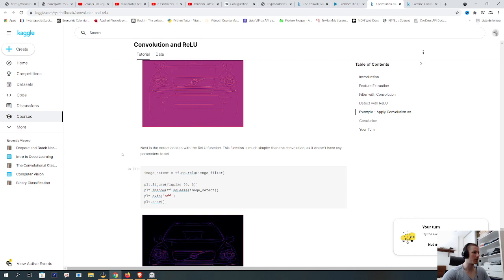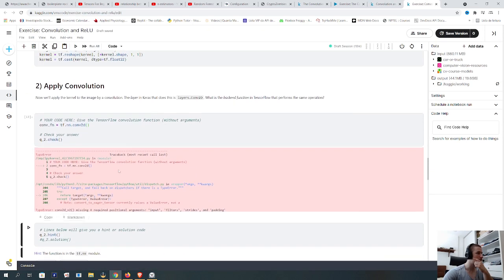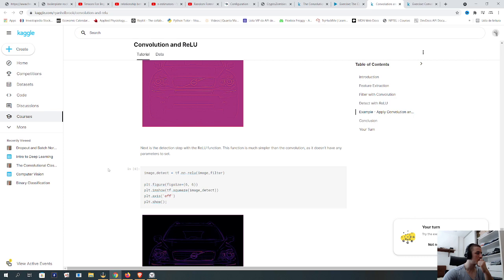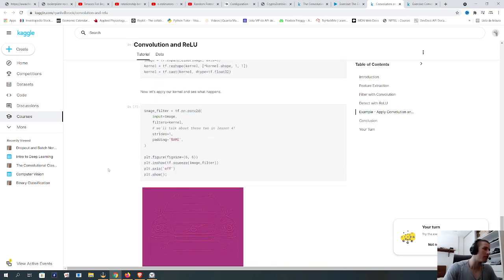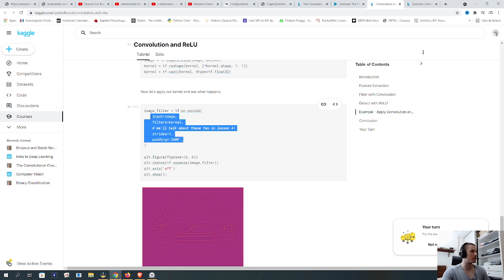Oh, maybe it's tf and then, I don't think it's sigmoid, but tf and then sigmoid. Let me put these arguments and see if it works.